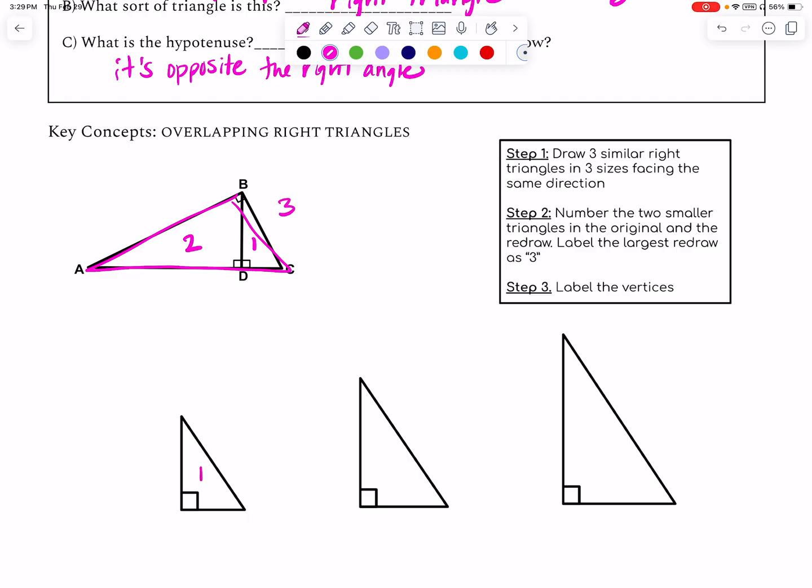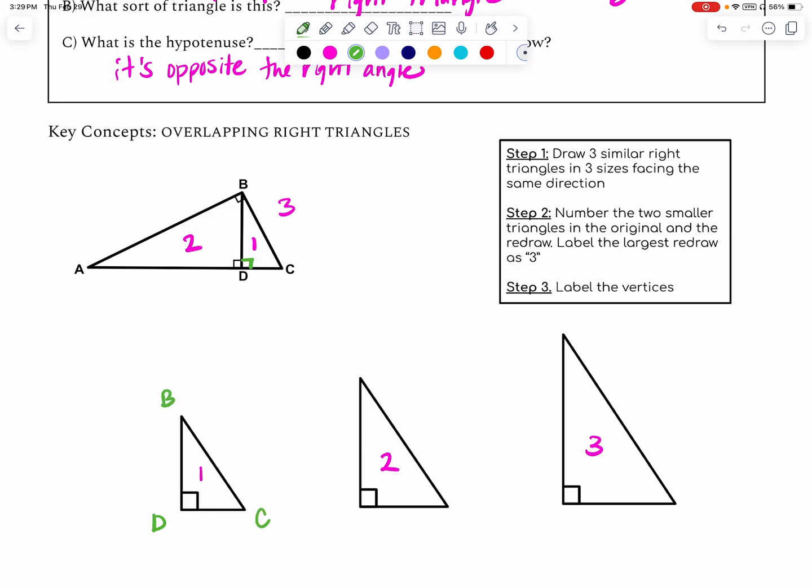So let's label it 1, 2, 3. Now, you need to use the right angle to help orient your letters. So start where the right angle is. That's going to be angle D. And then above it is B and C.